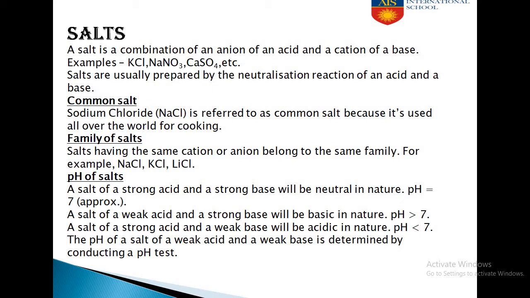Na plus is a cation and Cl minus is an anion. When there is a combination, it forms a salt. Similarly KCl, NaNO3, CaSO4 etc. Salts are usually prepared by the neutralization of an acid and a base.